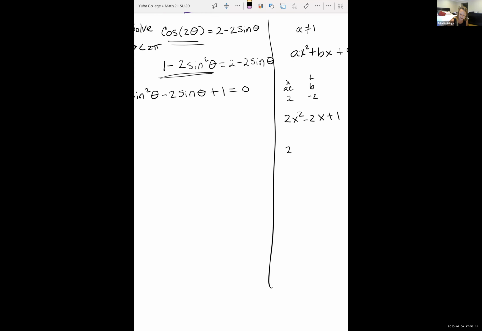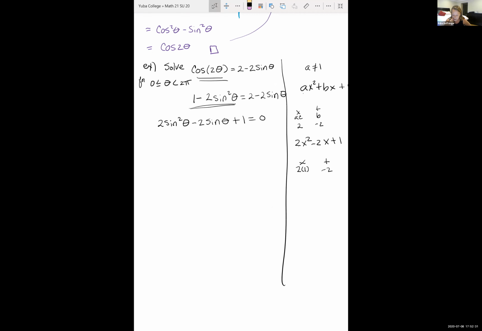My C value, my constant, is 1. So the goal, if your AC method works, is to find 2 numbers that multiply to give you that and add to give you your middle coefficient negative 2, which doesn't work.